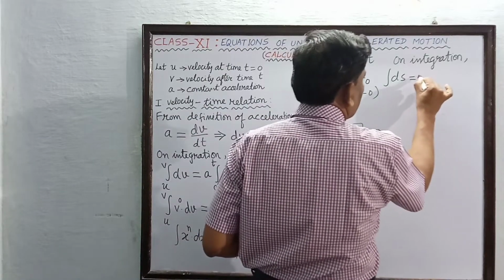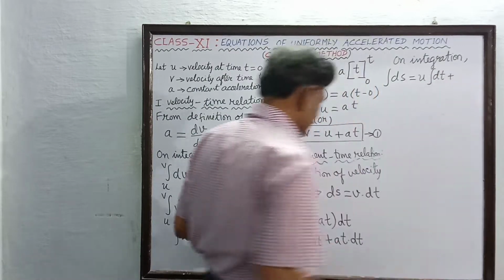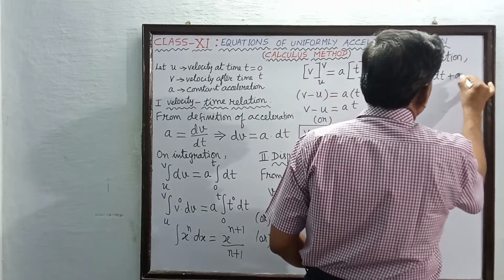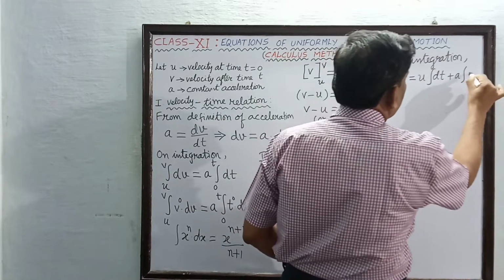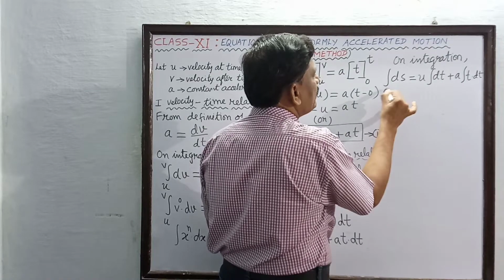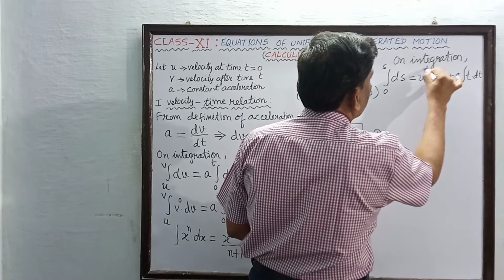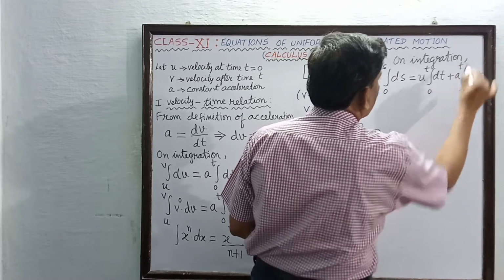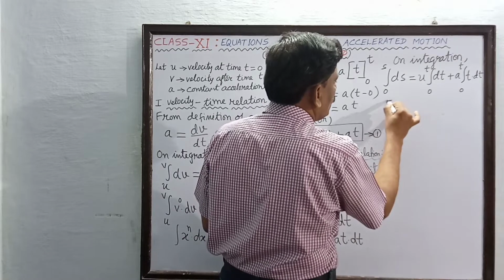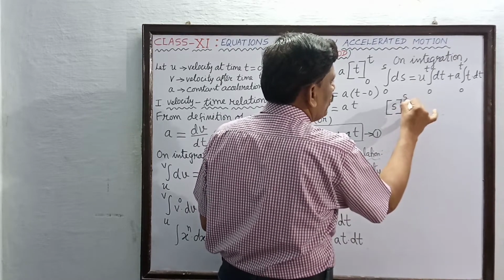So I will take this out of the integral into dt, plus a, the acceleration, also is constant. So a into integral t dt. So this is 0 to s, and here 0 to t. So integral of ds is equal to what? s itself. So the left hand side, the value of the integral is s, from 0 to s.